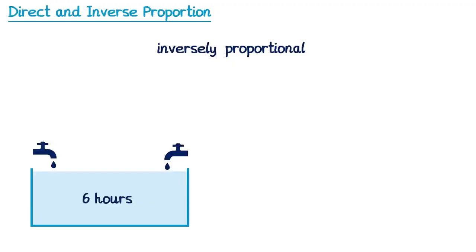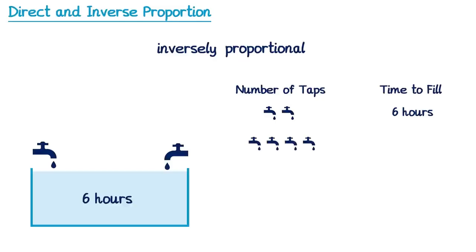Let's have a look at the number of taps and how long it takes to fill. So the number of taps here was 2 taps, and the time it took to fill that pool was 6 hours. Now let's imagine that we actually filled this same pool with the same sorts of taps, but we doubled the number of taps to 4 taps. Well, if you double the number of taps, you're not going to double the amount of time it takes.